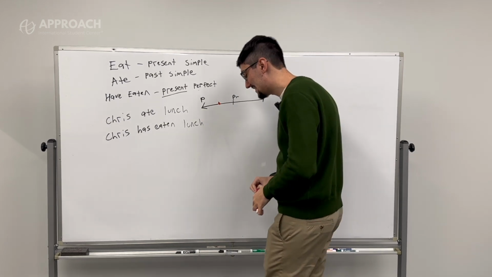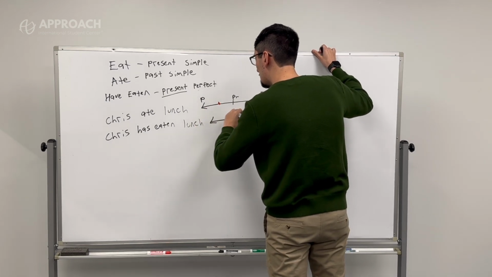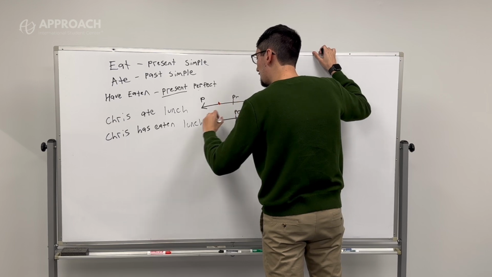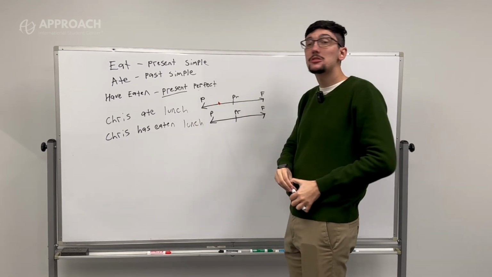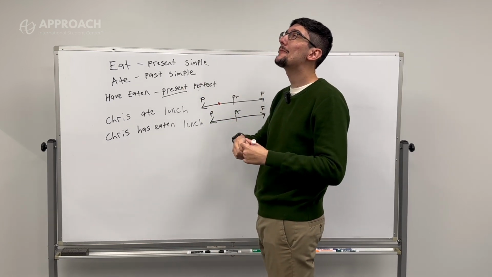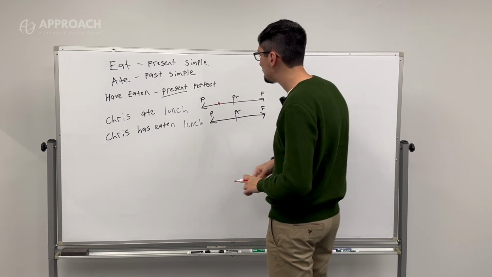For Chris has eaten lunch, and I can illustrate that using a timeline as well. Again, present, future, and past. Instead of one single dot, it's more like an area of time, you could say.